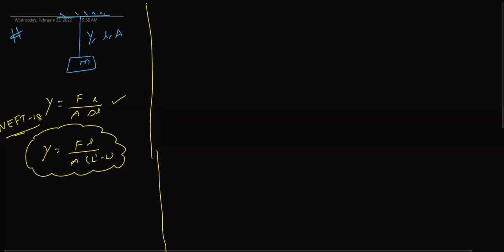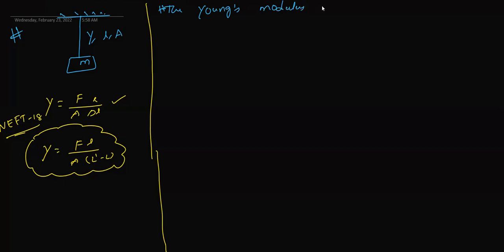Question says: the Young's modulus of a wire of length L and radius R is Y newtons per meter square.